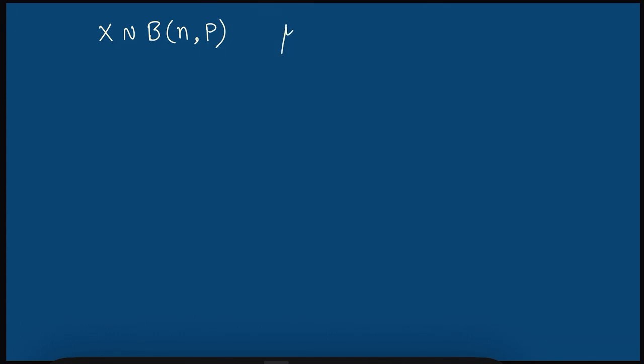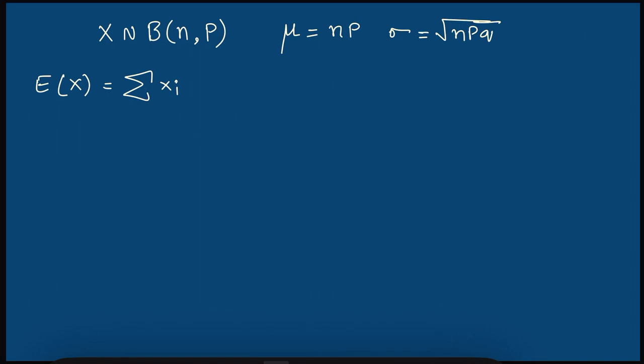So I'm going to explain to you how the mean of the binomial distribution is equal to np and sigma is equal to the square root of npq. I hope it's going to be clear to you guys. So expectation of x is nothing else but the summation of xi into p of xi.